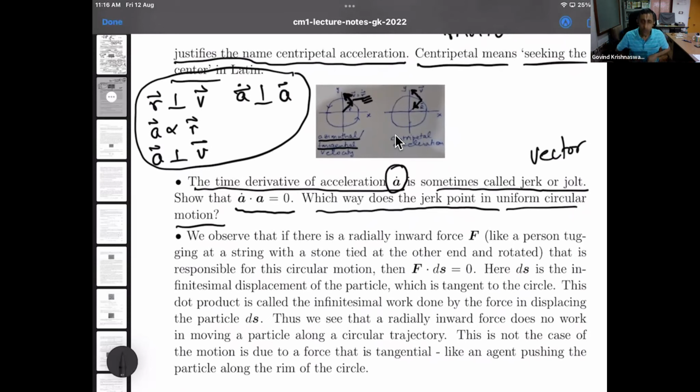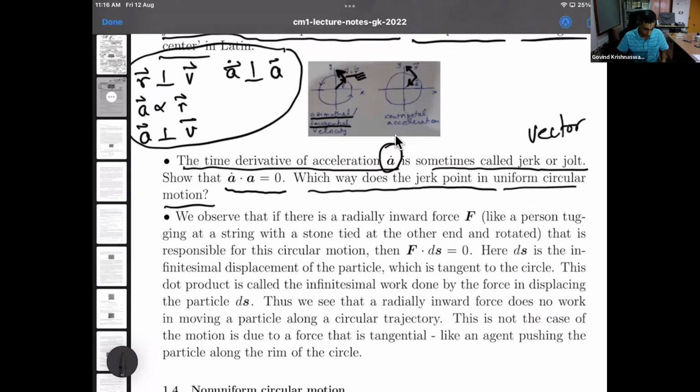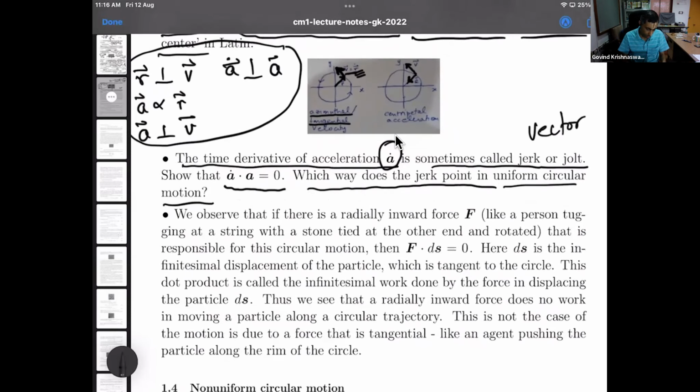Now I come back to some things we were talking about yesterday in terms of work. We observe that if there is a radially inward force, like a person tugging at a string with a stone tied at the other end and rotated, that is one way in which you can make circular motion occur.